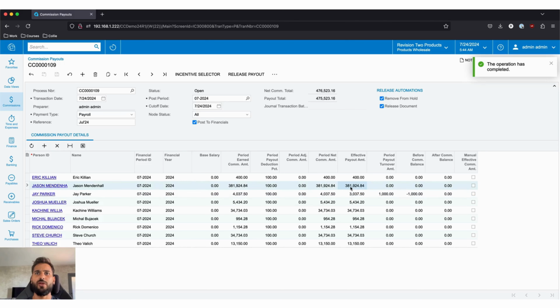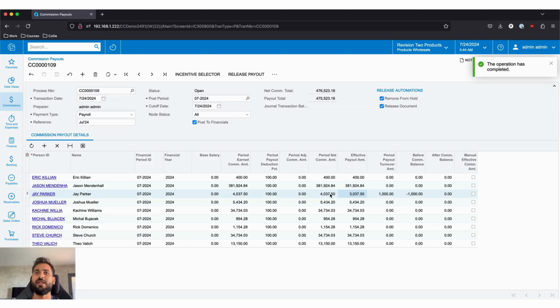If you look at the record above, you can see how the system is setting the effective payout equal to the net commission amount. In this case, it's different. Why? Well, the reason for that is the following. The system is detecting that Jay had a before commission balance, and that before commission balance is getting applied by default to the effective payout amount for Jay.